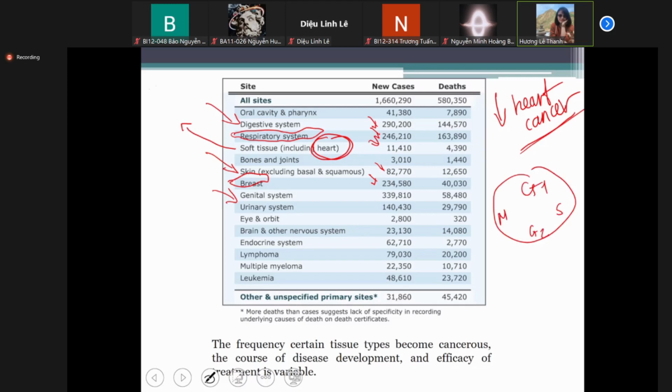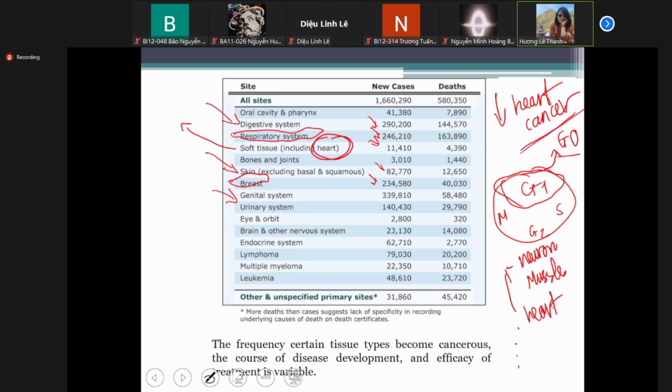Remember that, as I said, some cells withdraw from the cell cycle to go to G0. One of them is the neuron, right? I gave you examples of neurons, muscles, and also the heart cell.